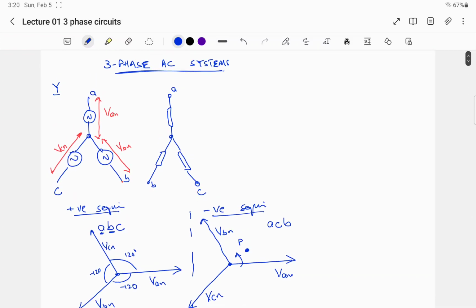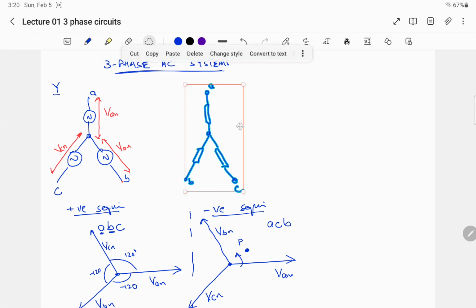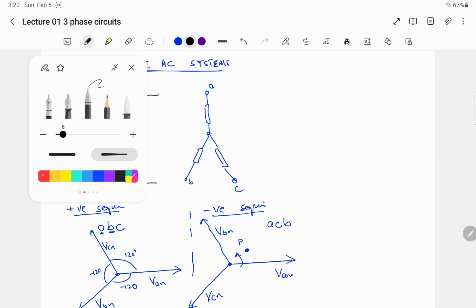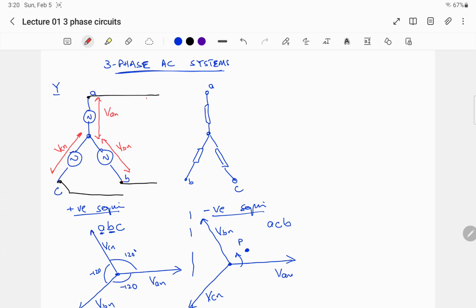Now there is another important terminology that we must understand. It is related to the lines. Lines are these quantities that come out from one terminal of a phase, and the voltage between two lines is known as line voltage.